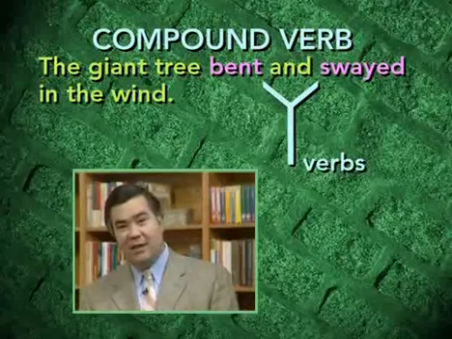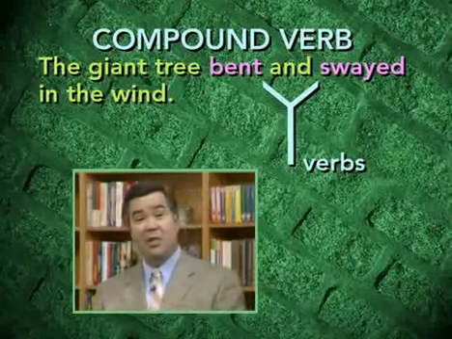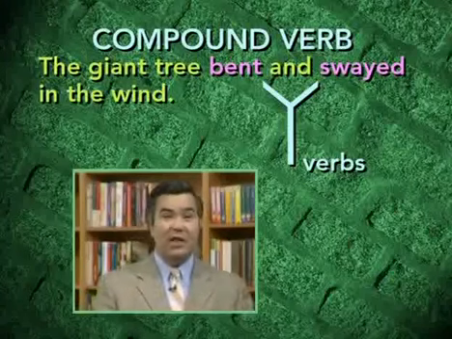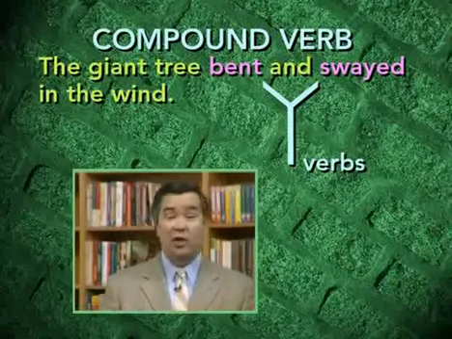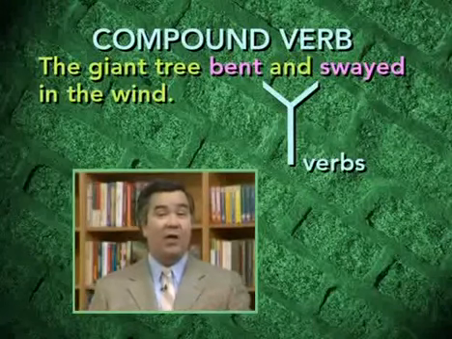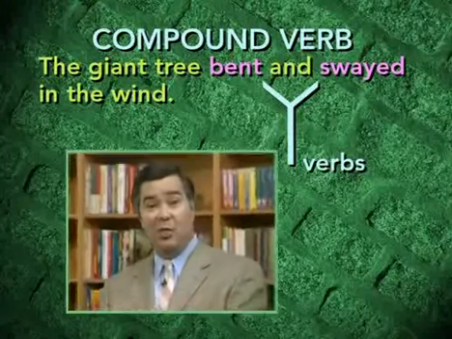So the heart of this sentence is tree bent and swayed. And the other words in the sentence are there to give us more information about what kind of tree it was and how and when the tree bent and swayed. So as we see, in some sentences, you may have a compound subject, that is, two or more subjects joined by the word and or.